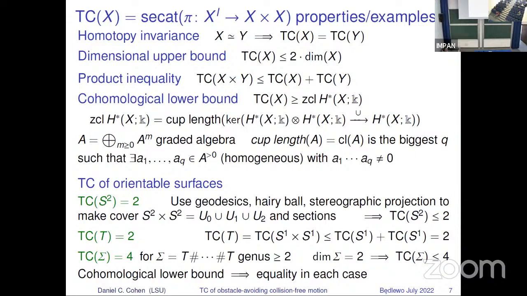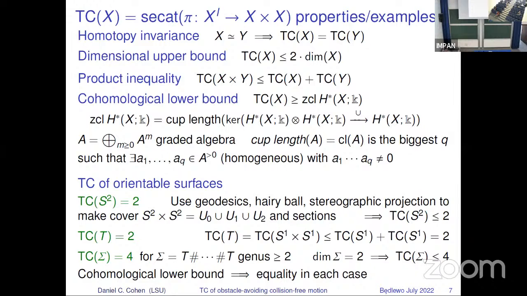With that observation, a number of these properties that I've written down become fairly straightforward. For instance, if X and Y have the same homotopy type, their topological complexities will agree. You get bounds on the topological complexity from, well, maybe first the LS category of the topological space, or more precisely of the product space X × X.